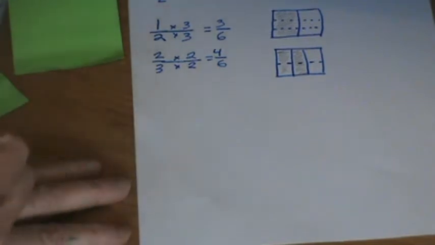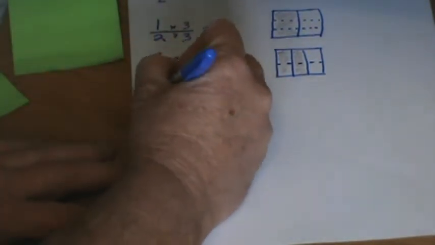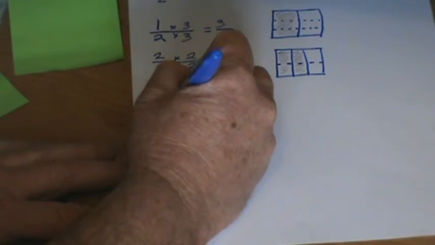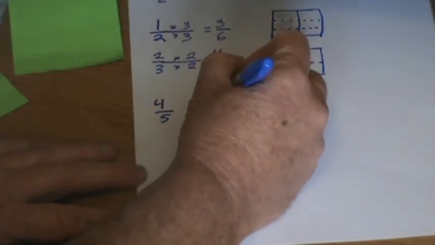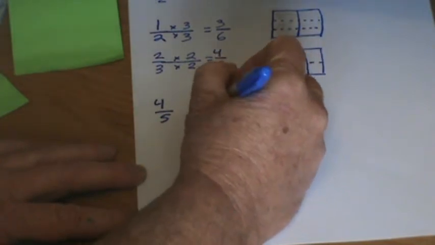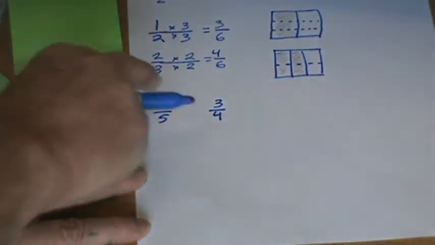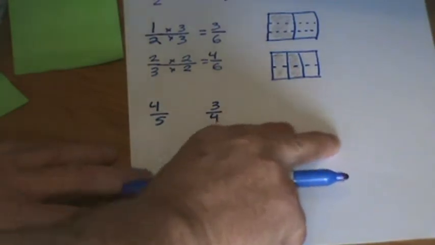Okay, our next one is 4/5, and we're comparing it to 3/4. Let's make our tape diagrams over here.